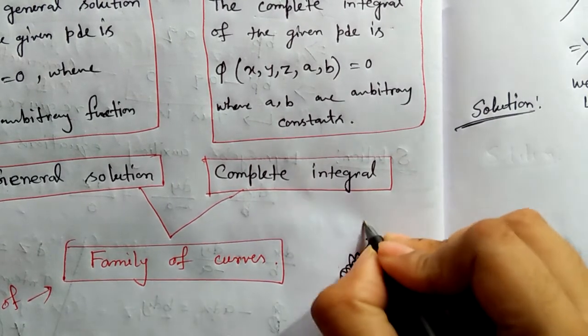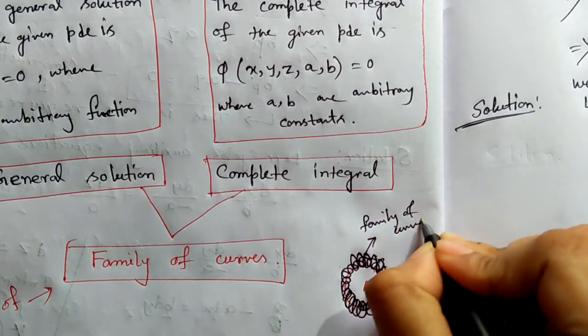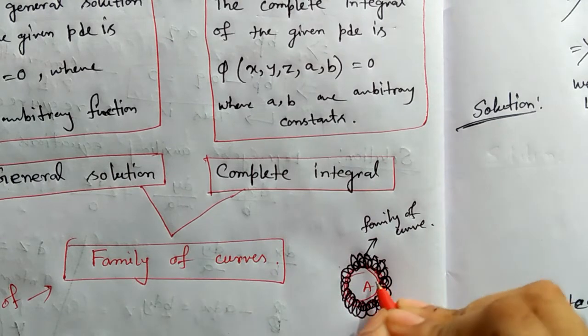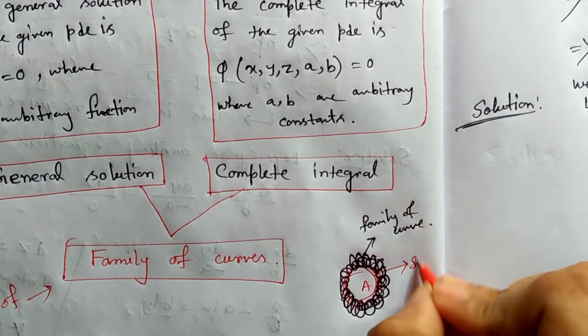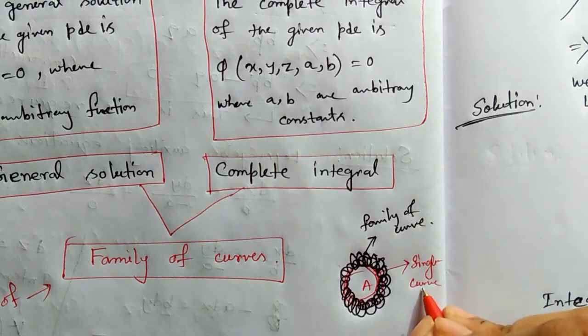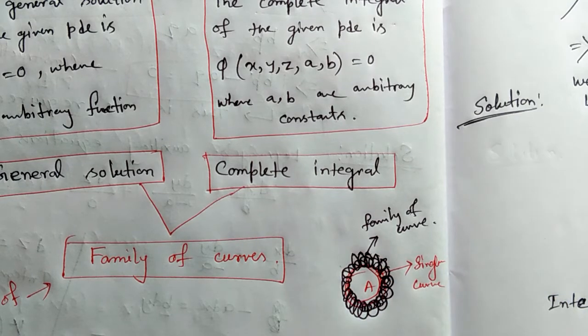This black represents the family of curves, and this red one is a single curve which touches each member of the family.